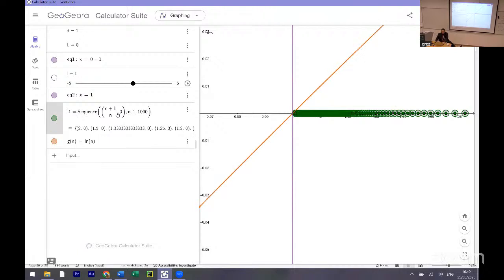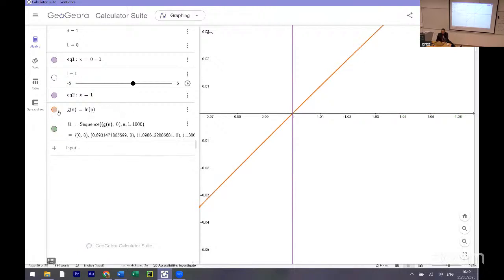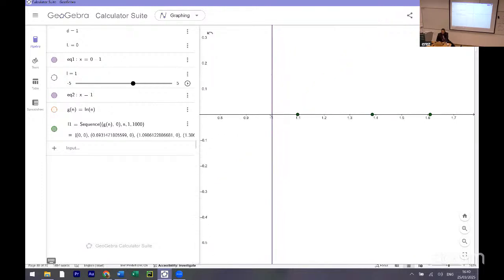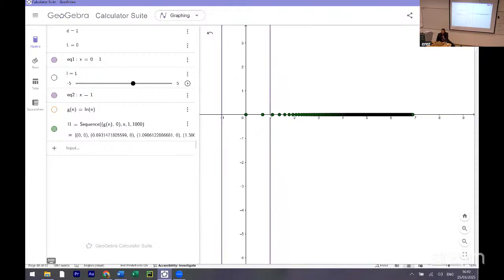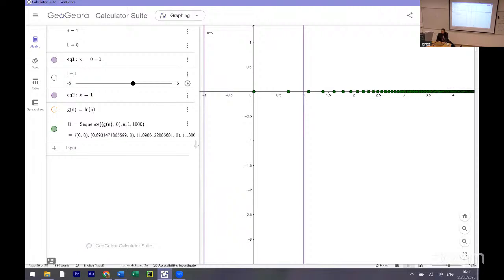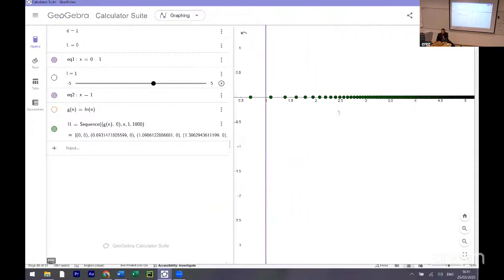It's supposed to work. How many elements did I take? 1,000. That's interesting.